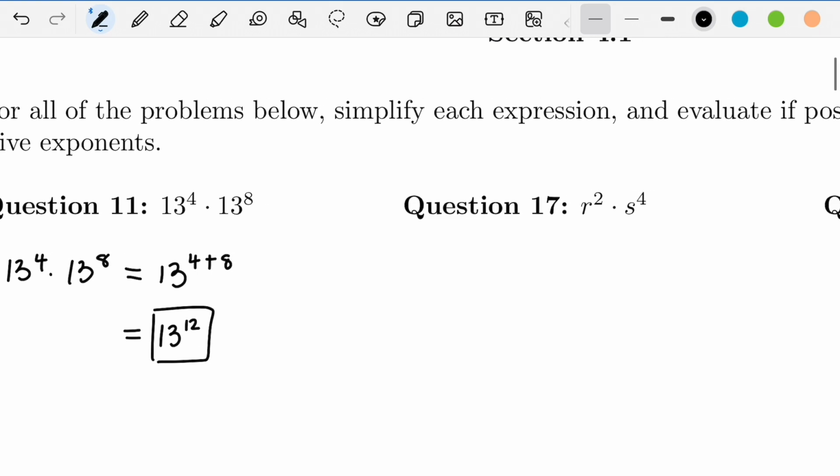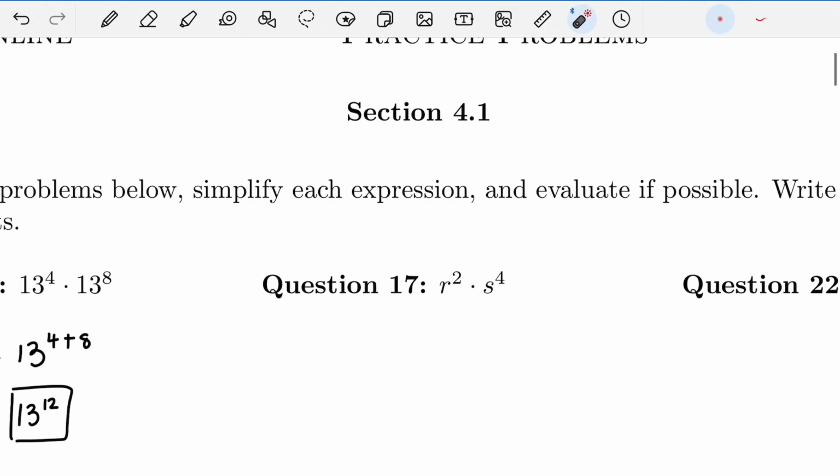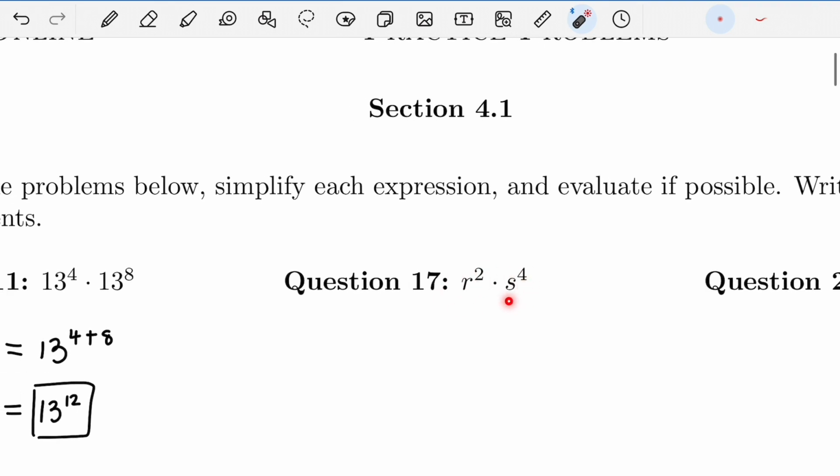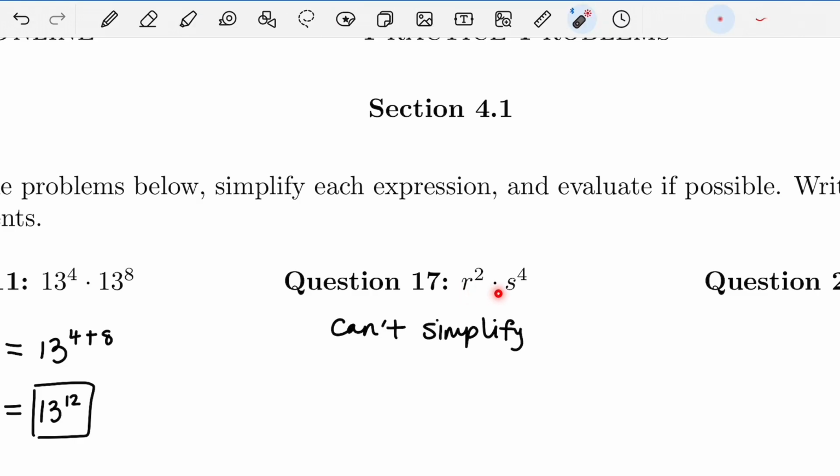Okay, let's go on to question 17. So in this case, we might want to do the product rule again. We have this base and we have our exponents here. But in this case, we actually can't simplify this further, and the reason is that we don't have the same base. We have an R and an S. These are the two different bases.